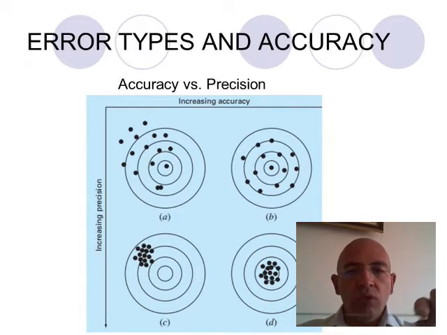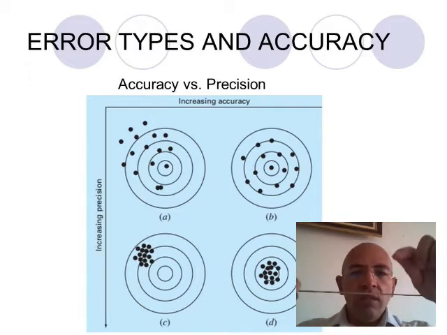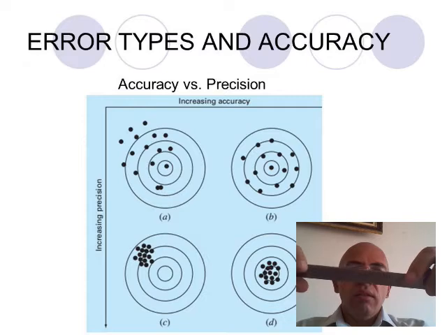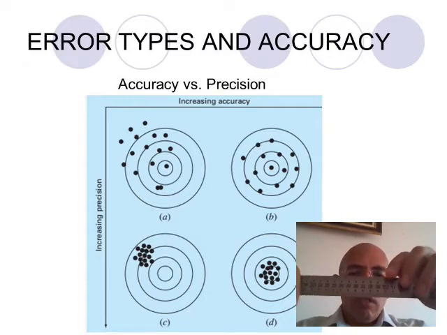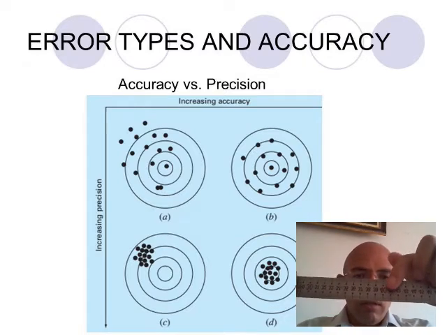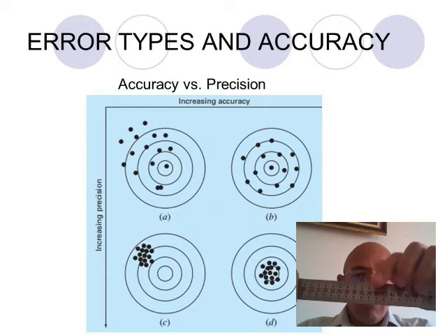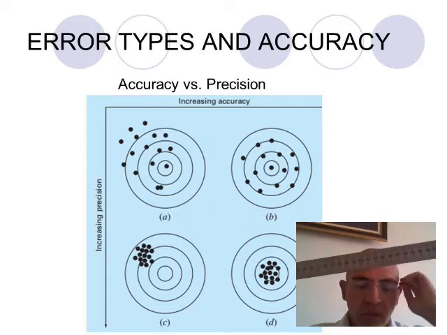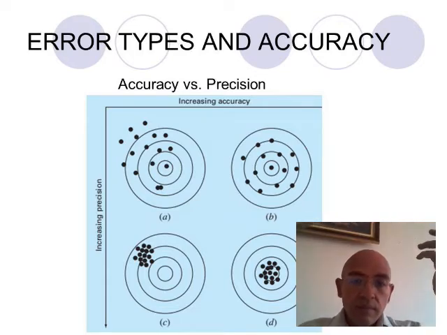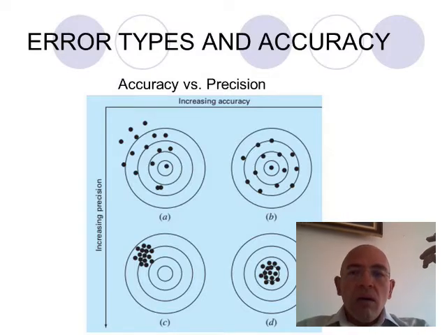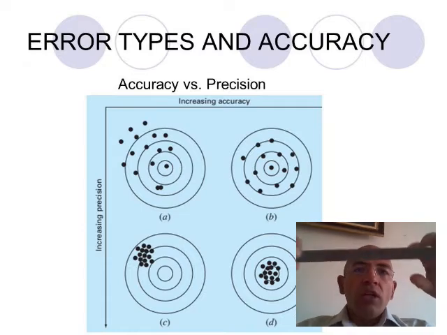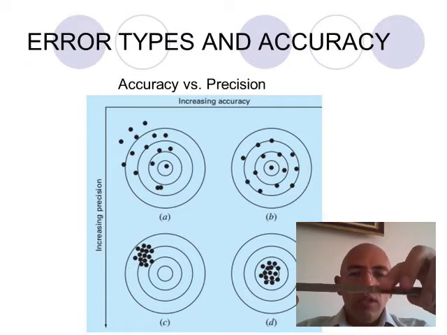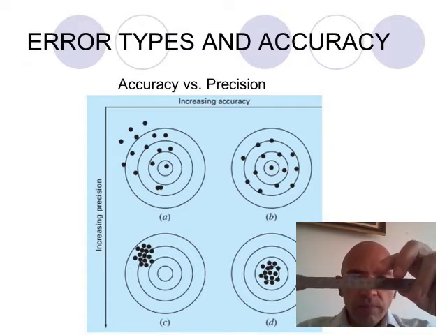This is my ruler, and I'm constantly touching a point on the ruler. So this is 40, and each time I press on it. Now the thing is this. Of course, I want to touch the number 40 on the ruler.